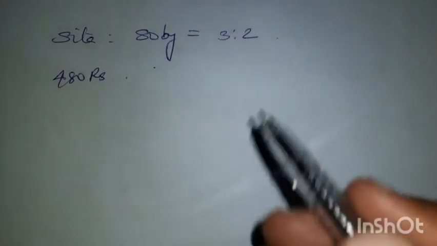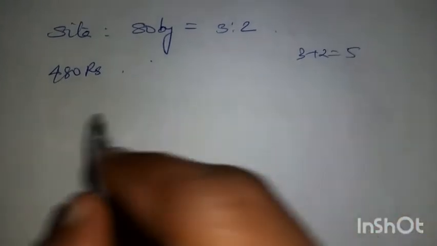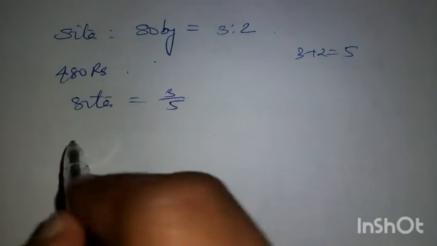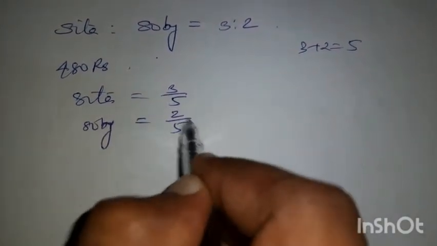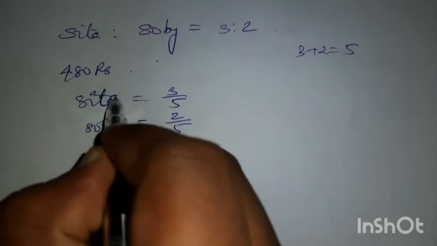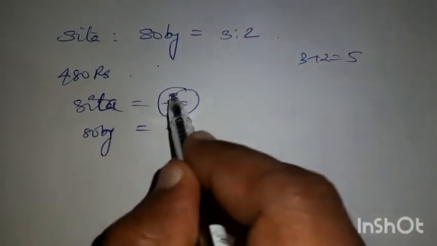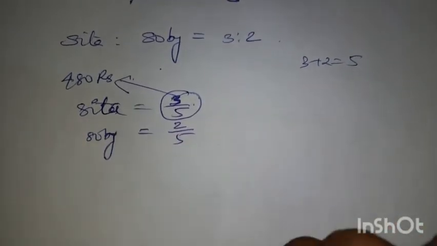the total amount. So if you add this, 3 plus 2 is equal to 5. So Sita got 3 parts of 5. Sobi got 2 parts of 5. Okay. So this 3 by 5 part, which one is it? 480.